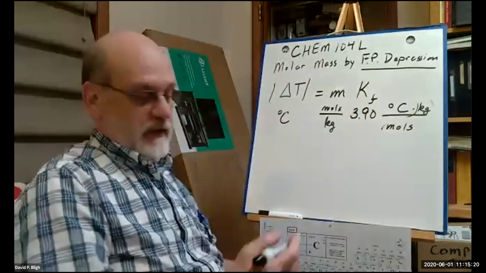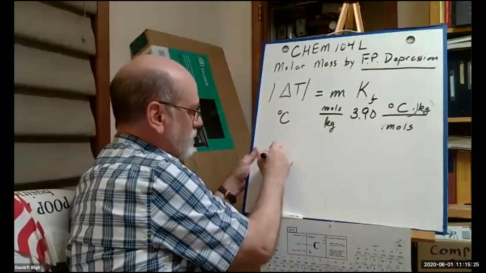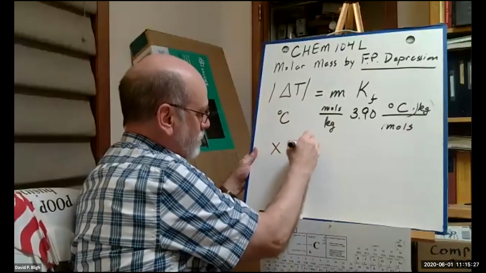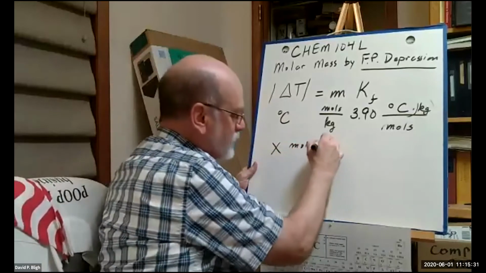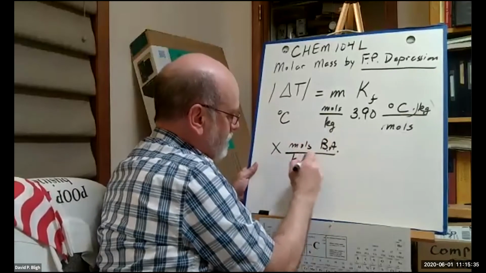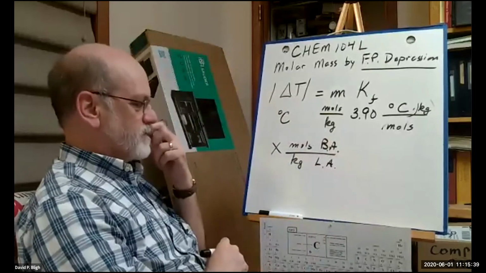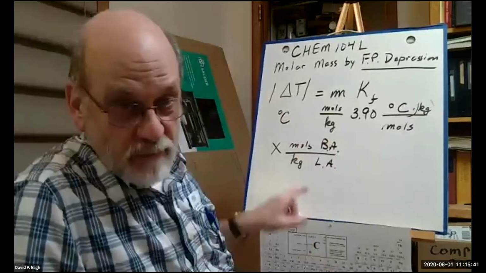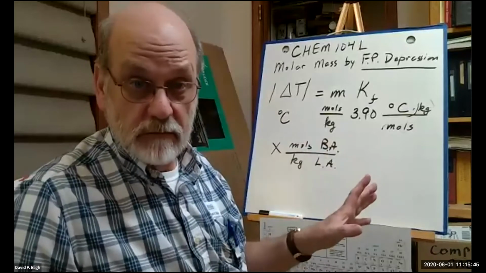All right. So what do we do with molality? Once we have a value for molality, this will be moles of benzoic acid per kilogram lauric acid, right? So what if we know how much lauric acid is in there?